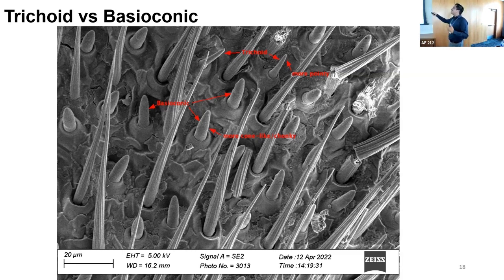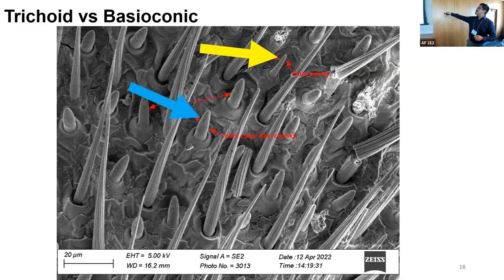You can also see the difference between the two visually, like in this picture. This yellow arrow right here is pointing to a trichoid sensillum, and you can see that it's really sharp and pointy at the top, whereas this blue arrow right here is pointing at a basiconic sensillum, and you can see that it's a bit chunkier and wider.